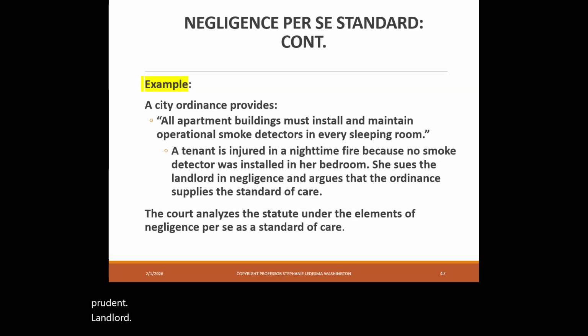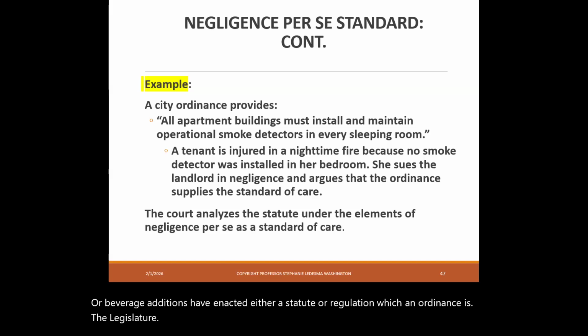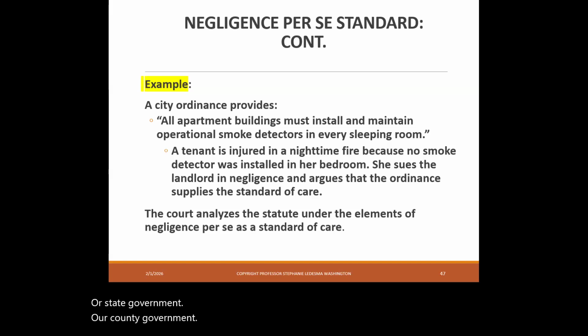Well, in that circumstance where the legislature or government officials have enacted either a statute or regulation, which an ordinance is, the legislature or state government or county government has determined what measure is going to be used to compare what a defendant has done, right?